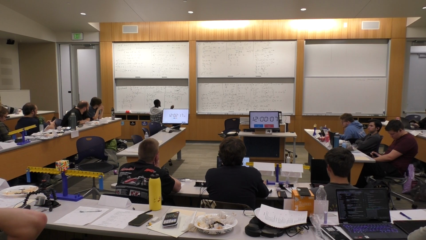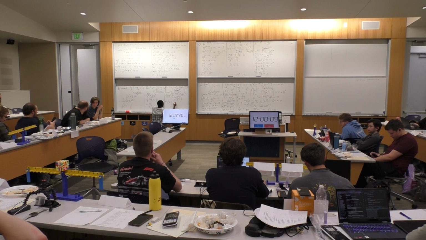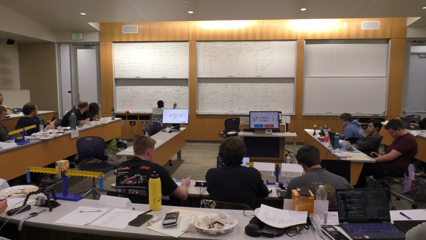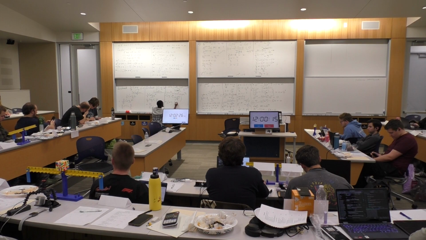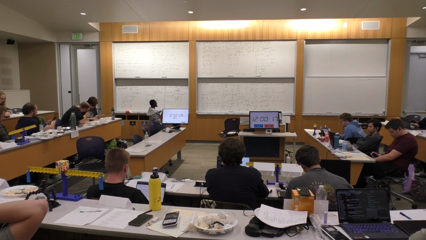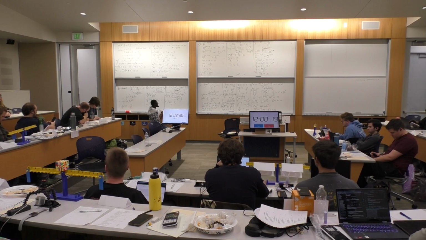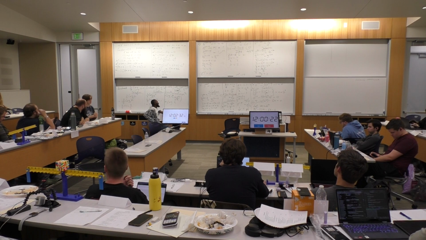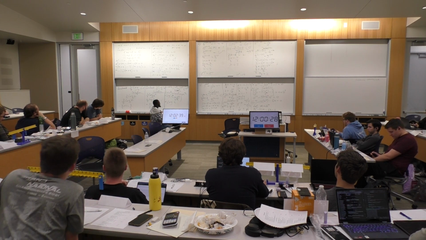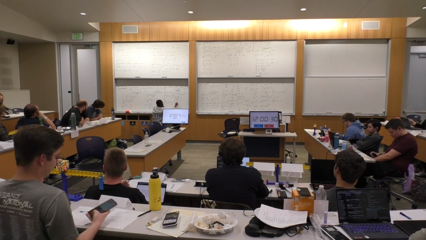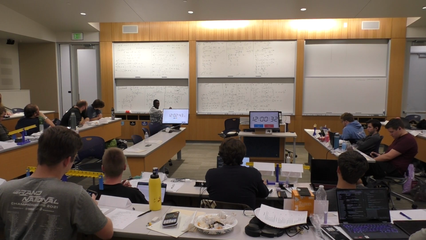So we have a power what? a power 1 over 3 times a power 1 over 4 will give you what? So we have 7 over 12. Is this correct? Yeah.